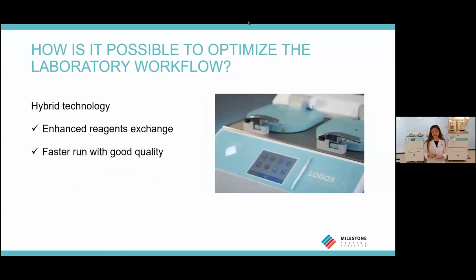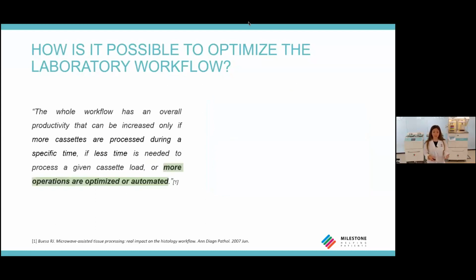Our hybrid heating system is designed to enhance the exchange between tissue and reagent, and also to speed up this operation, always maintaining, very important, the quality of the final results. And this is what allows us to do these fast runs, fast processes.